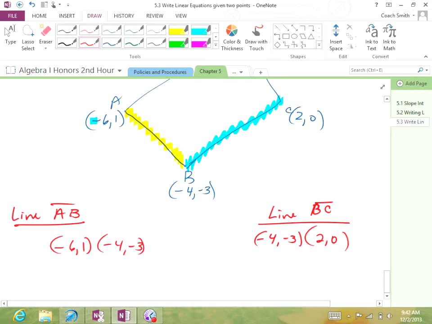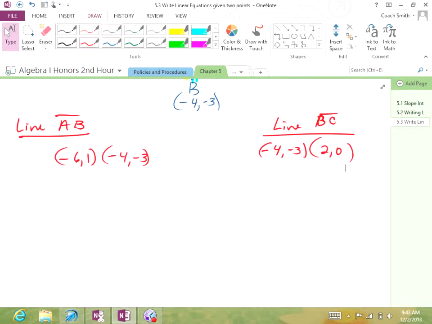I want to come up with the equation of a line, in slope-intercept form, for those two lines. So we do the same thing we've been doing. We take x1, y1, x2, y2. That gives me on top negative 3 minus 1, and on bottom negative 4 minus negative 6.